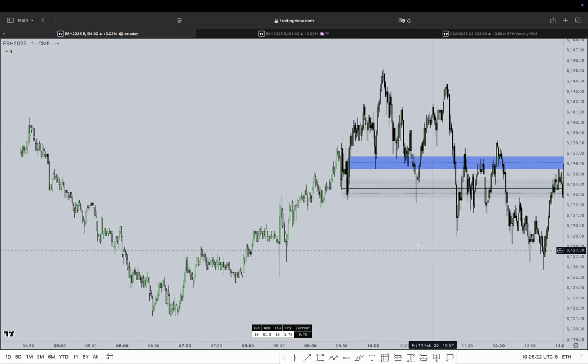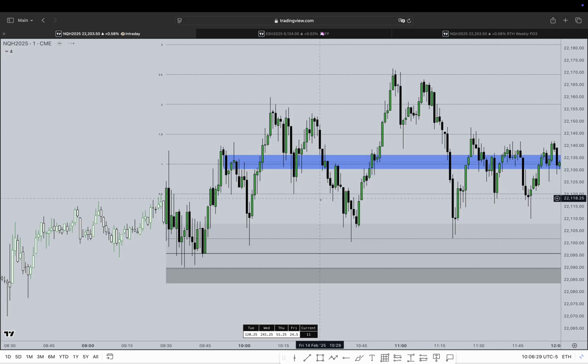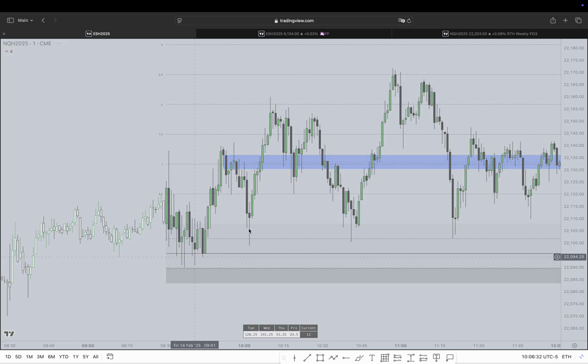We completely rebalance the gap here at the open. Nasdaq failed to rebalance the gap while ES did it.